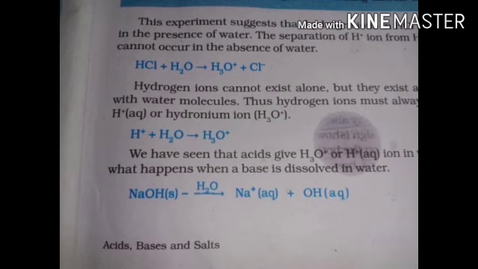While NaOH, sodium hydroxide, when dissolved in water gives Na positive ions and OH negative ions, that is, hydroxide ions. All acids generate hydronium ions and all bases generate hydroxide ions in the aqueous solution, due to which they show their acidic and basic properties respectively.